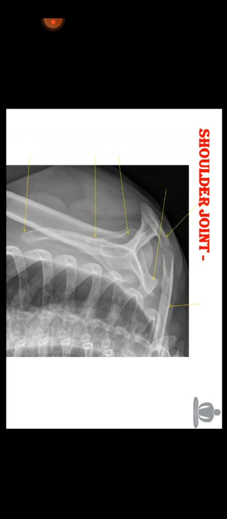There are so many tests, but we will be coming across only the main important tests. So this is known as anterior instability test. Maximum times, when you are examining shoulder joint, the examiner should be at the posterior side of the patient.